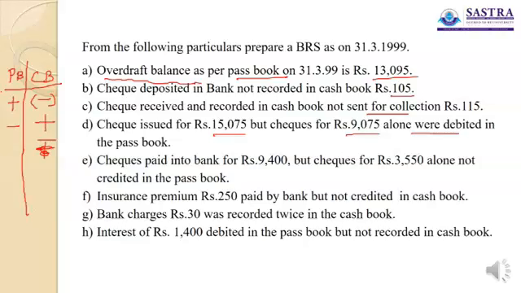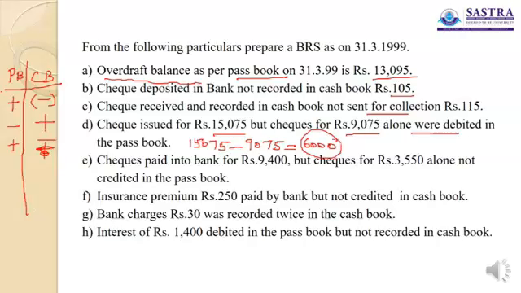The balance difference, which has not yet been paid out of the bank account, keeps the bank balance plus. To what extent? 15,075 minus 9,075. So the difference is 6,000. To the extent of 6,000, it has not yet been paid out of our bank account.